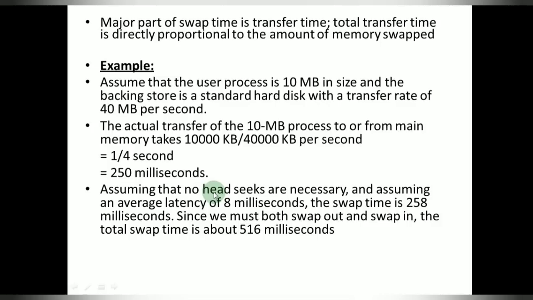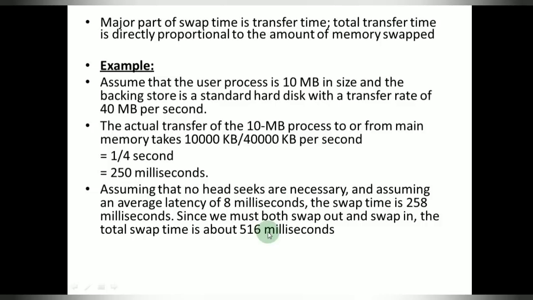That is, I am not taking any time to move the read-write heads. If that is also considered, it will eventually increase the time. And if I assume there is 8 milliseconds of latency, the swap time is 258 milliseconds. That is one swap out operation. Again, to swap in, I will take the same time, which will come up to 516 milliseconds.